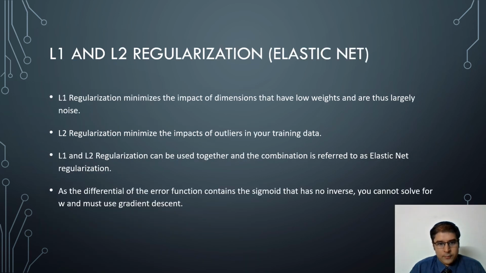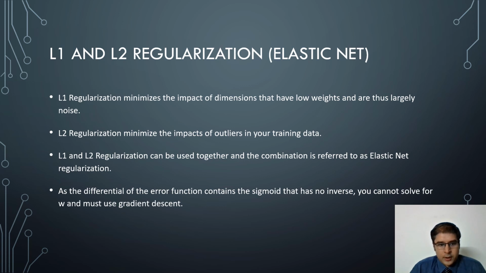Finally, we can use L1 and L2 regularization both together, which is also known as the elastic net algorithm. L1 regularization minimizes the impact of dimensions that have low weights and are thus largely noise. L2 regularization minimizes the impacts of outliers in your training data, so both perform their individual functions.